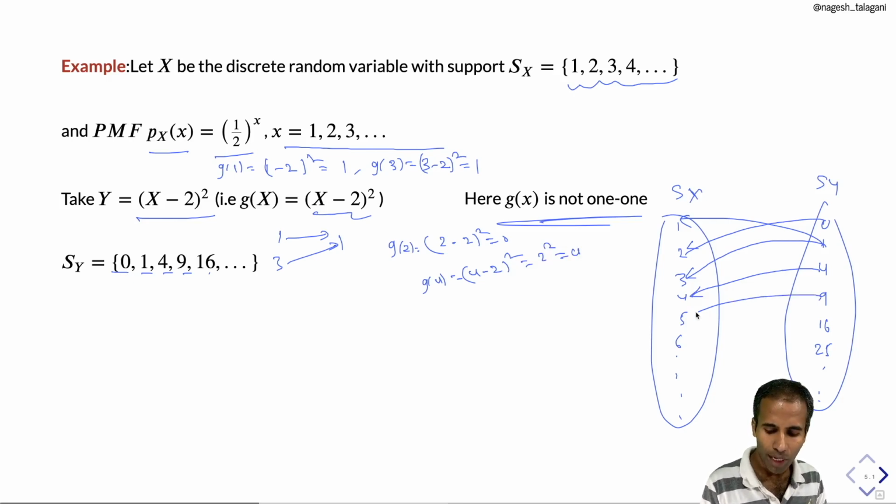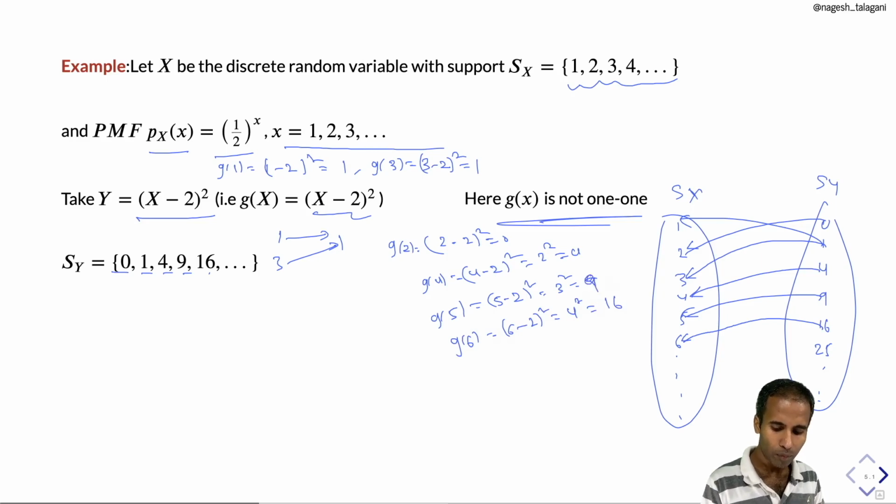The inverse image of 9 is 5 because g of 5 is 5 minus 2 whole square, which is 3 square, which is 9. So 5 goes to 9. Similarly, the inverse image of 16 is 6 because g of 6 is 6 minus 2 whole square, which is 4 square, which is 16. Like that, everything else will have only a unique preimage.